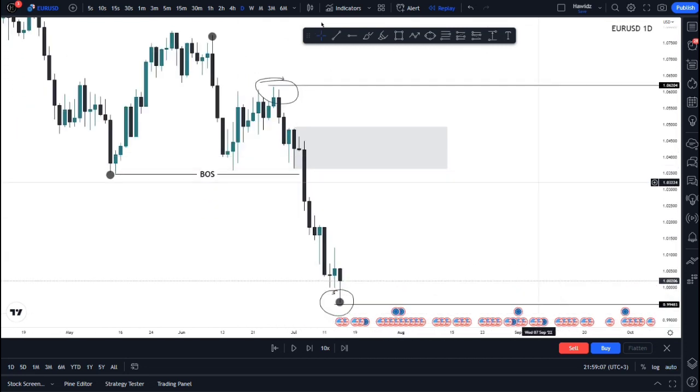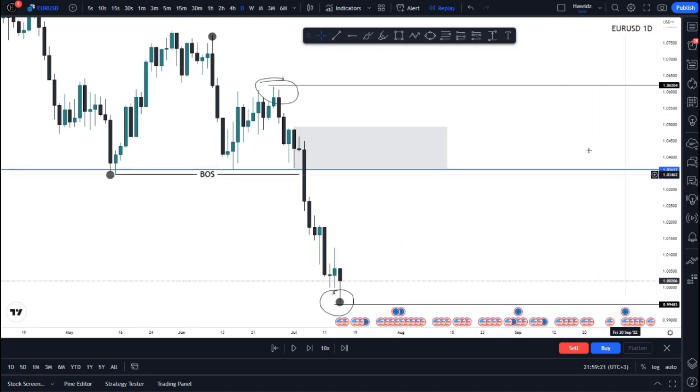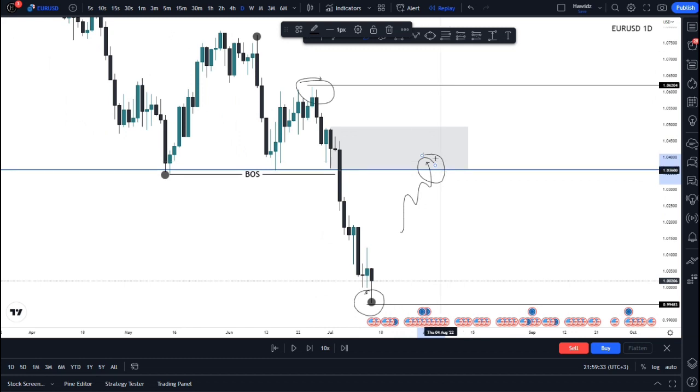So from there, we can sit back and set an alert in here. I don't know if this will work. There, we can just set an alert there, and then wait for price to reach this area, trigger our alert, and then we can come back to the charts and see what's happening in this area.